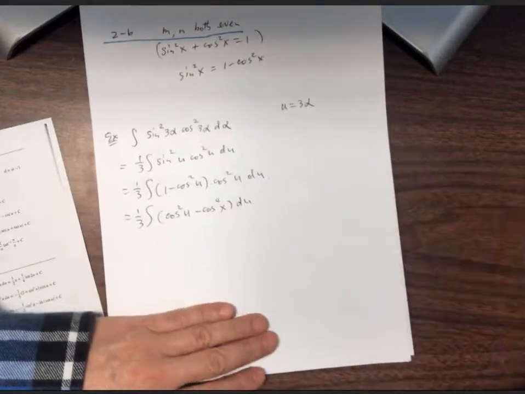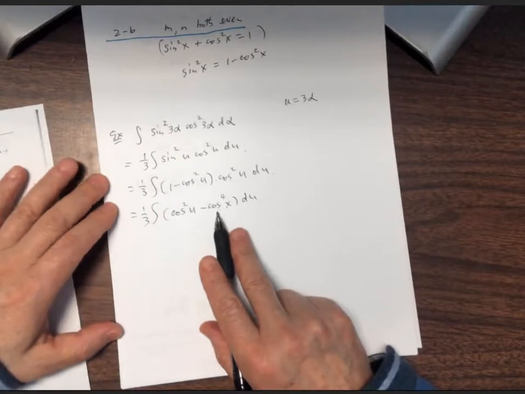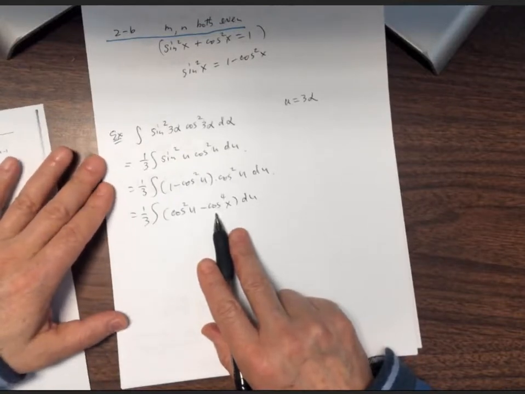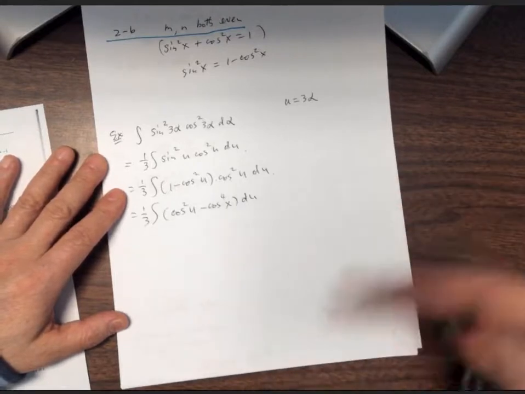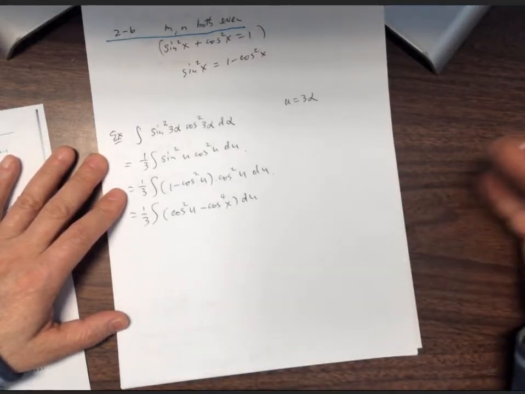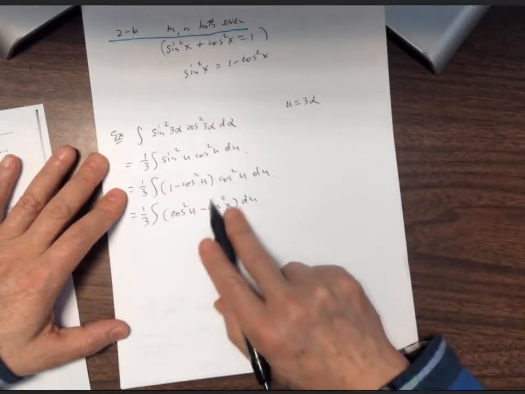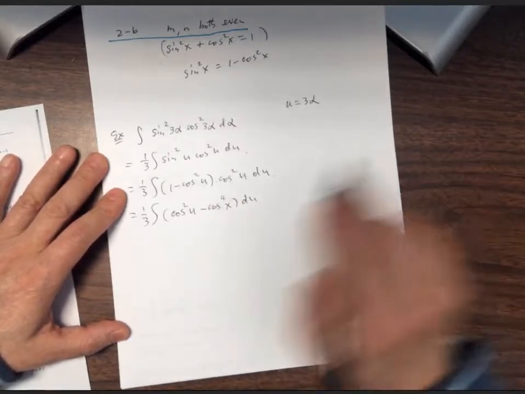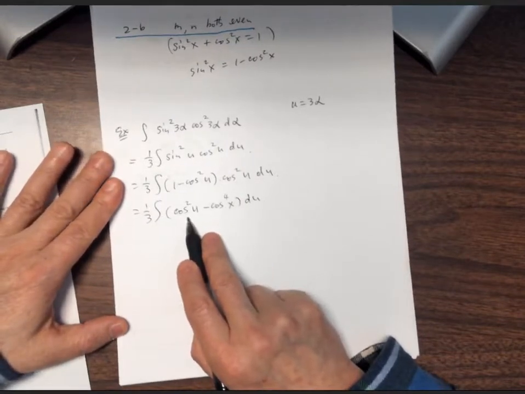Now, this kind of integral, remember, when you do the reduction formula, from the 4th power, we'll end up with another second power. So we'll have to worry about the second power after we use a reduction formula. For this reason, I'm not going to worry about this second power right now.